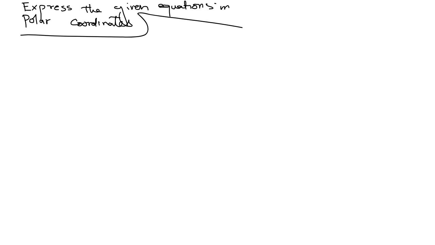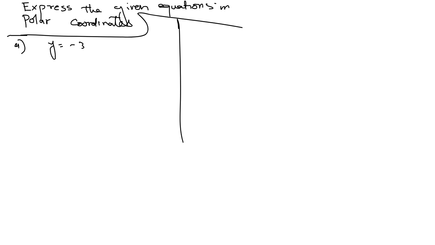Given equations in polar coordinates. The first one is a, which is y is equal to -3.